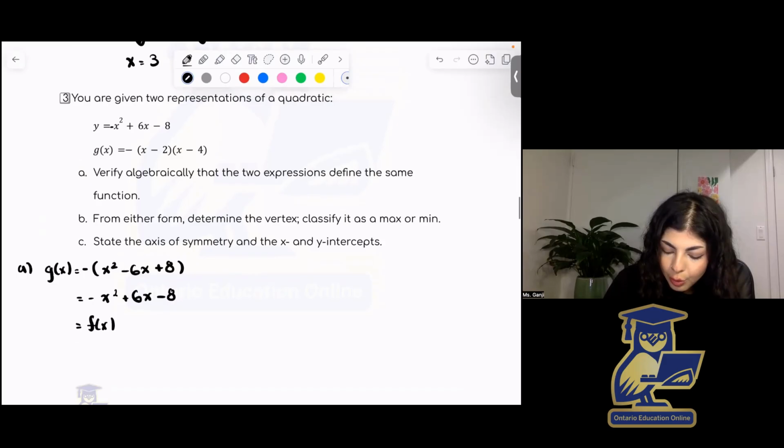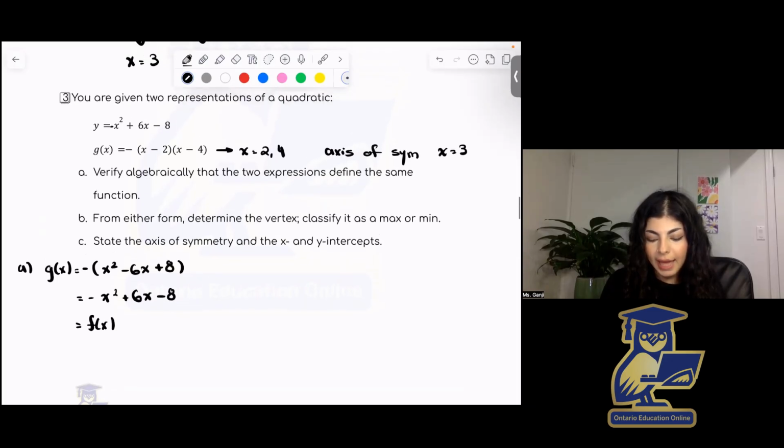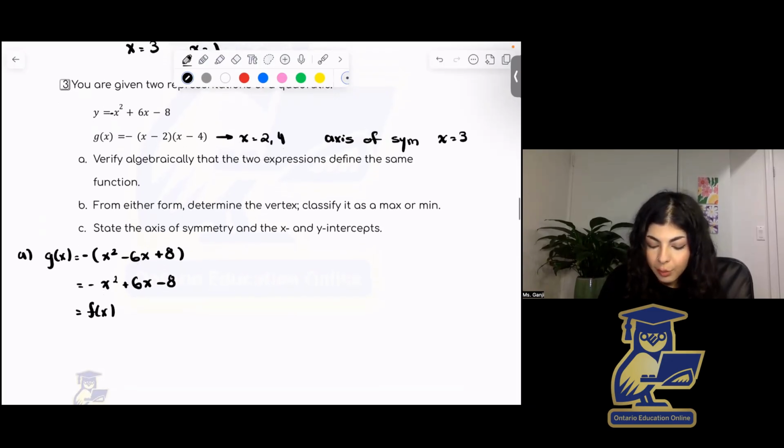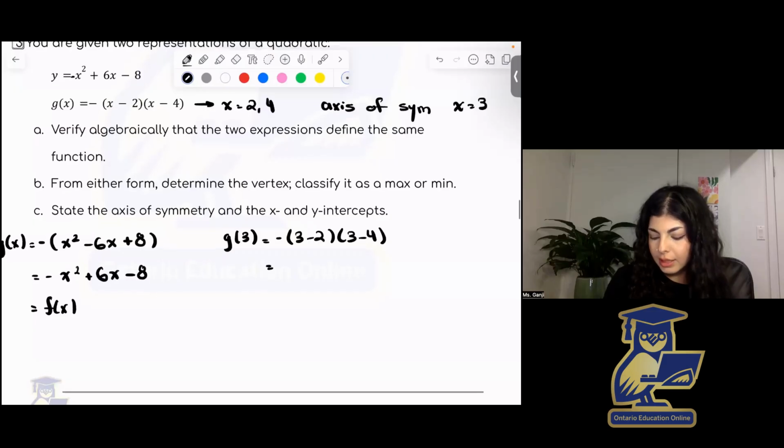So from here, I know that my x values have to be 2 and 4, so that my axis of symmetry is going to be x is 3, which falls in between both of those, so that my vertex is at x is 3. So now you can use either equation, so I'll just use that second one. We get 3 minus 2 and 3 minus 4. So negative 1. And we'll see that this is equal to 1.